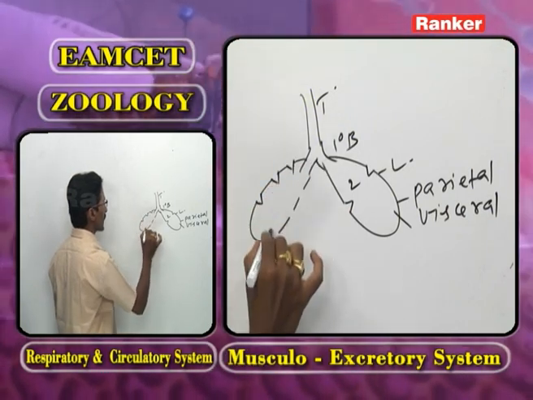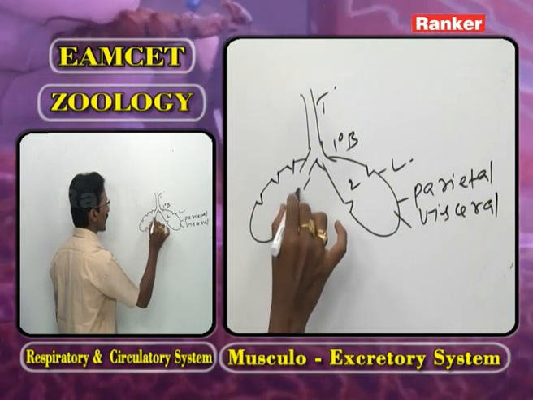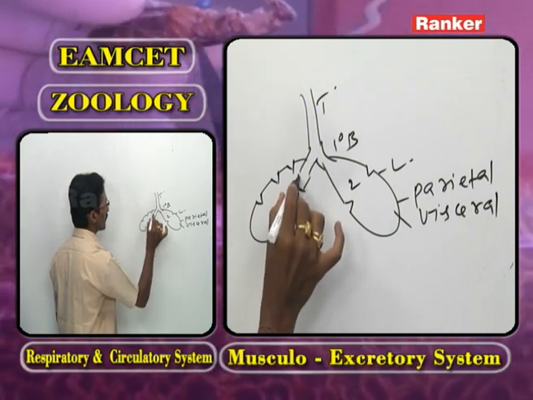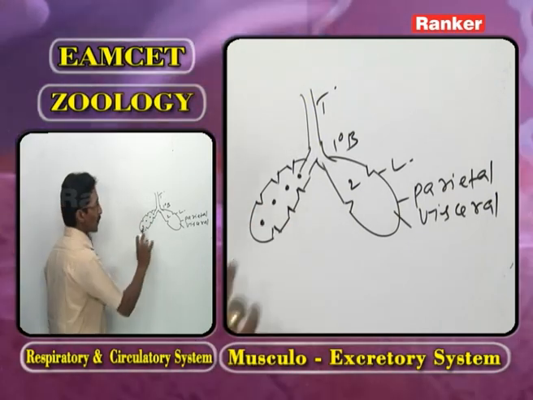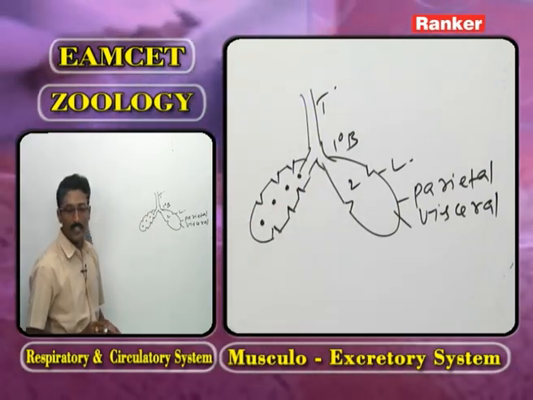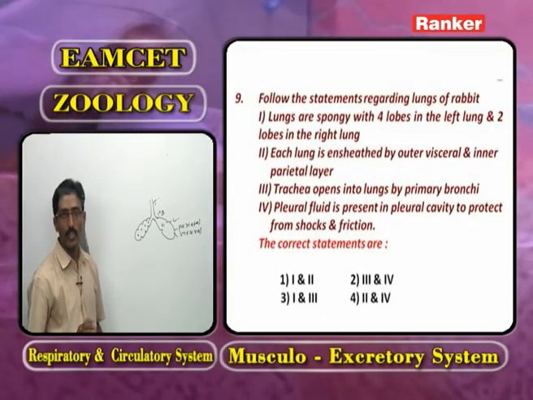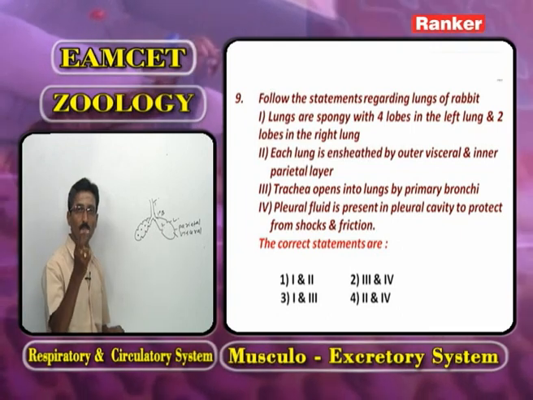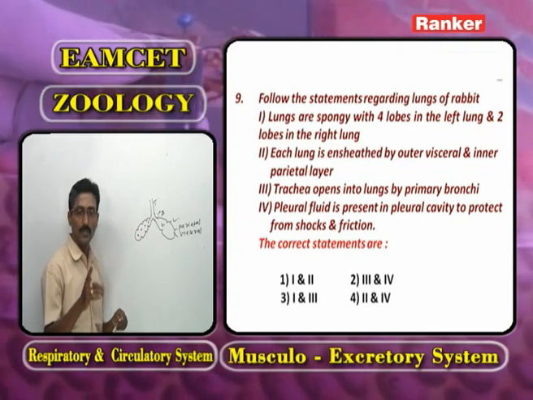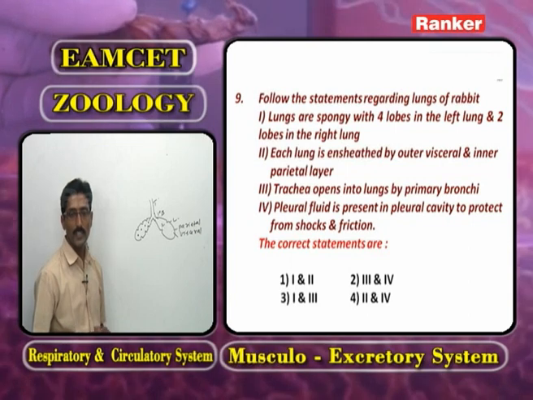Now you observe the diagram. In the right lung, how many lobes? 1, 2, 3, 4. So 4 plus 2. But here what is the first statement? Lungs are spongy, no doubt, with 4 lobes in the left. But in the left how many? 2. In the right how many? 4. So the first option is wrong.